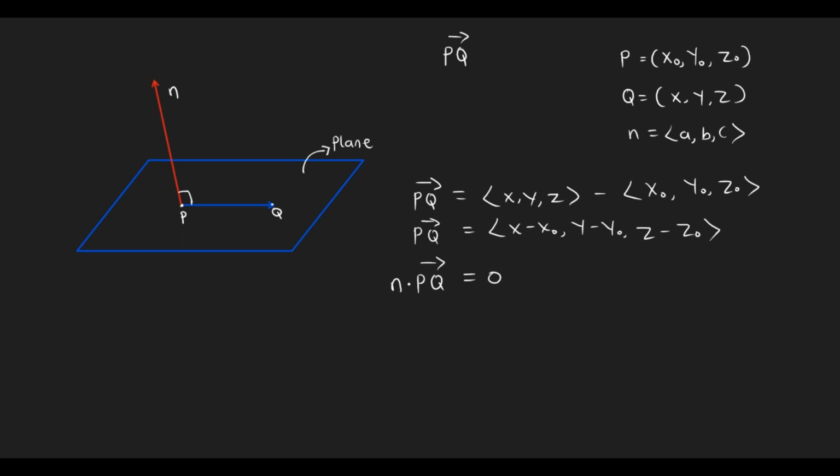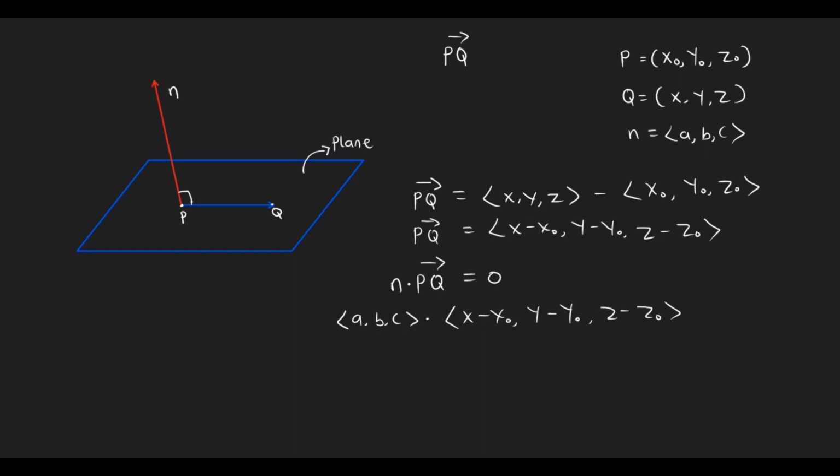equal to 0. Let's do the substitutions here. We have the normal vector with components a, b, and c, multiplying the vector PQ, which will be x minus x naught, y minus y naught, z minus z naught.